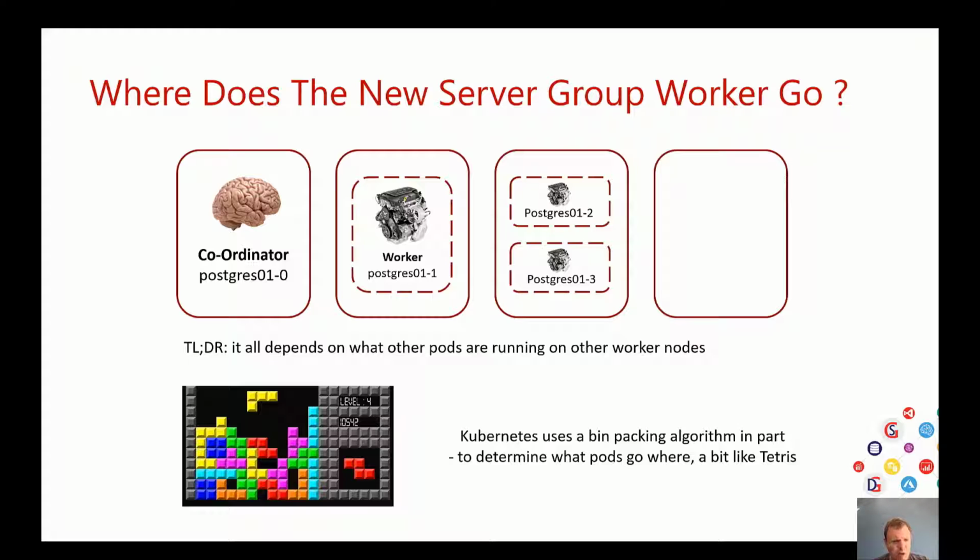The reason I've got this little graphic which looks like Tetris is because that is more or less how the bin packing algorithm works. If you imagine Tetris, where you've got bricks coming down the screen and you have to rotate them and move them around so you can fit them in, Kubernetes does something similar when it's using its bin packing algorithm to determine what pods run on what workers.